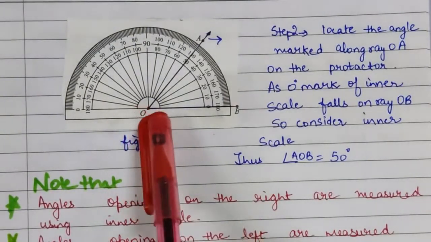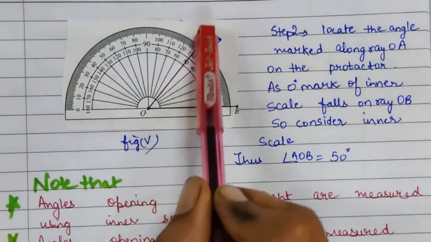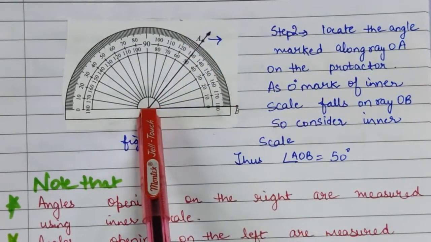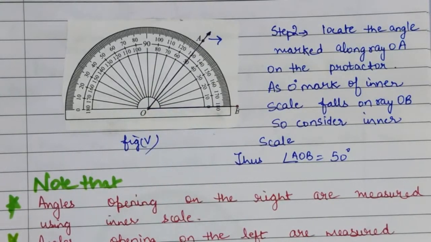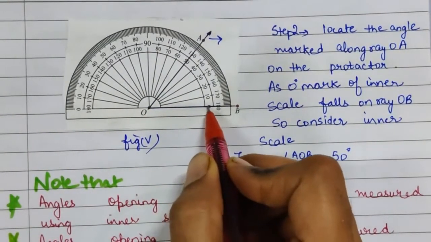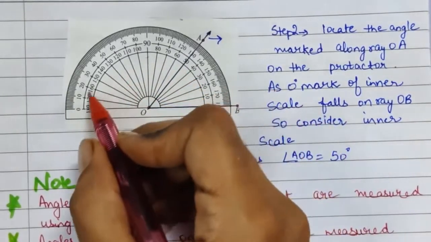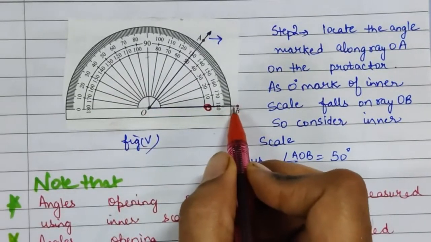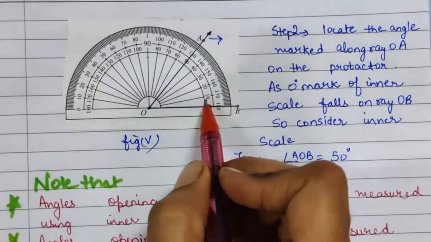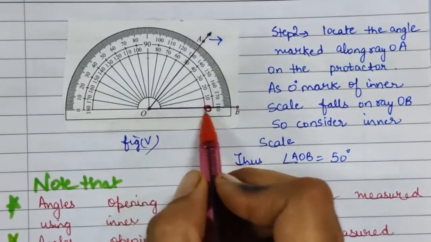See, locate the angle marked along ray OA on the protractor. As the 0 degree mark of the inner scale is on the ray OB, it means we will consider the inner scale. It means you have to see the baseline.